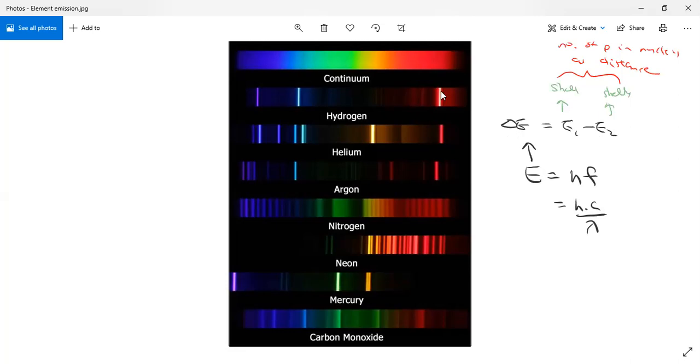So the set of lines you get will be different. We often simplify it to say that each element has unique line spectra, which is conceptually thought of as a fingerprint of an element.